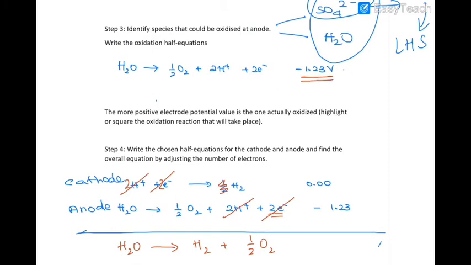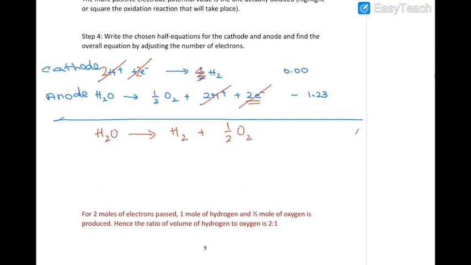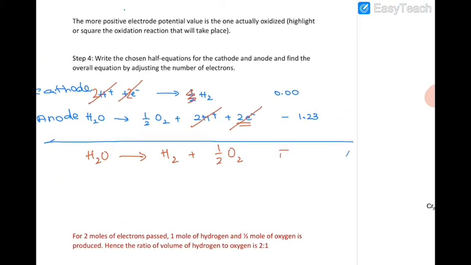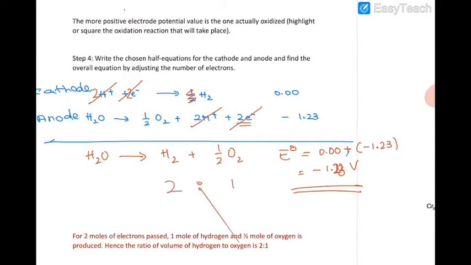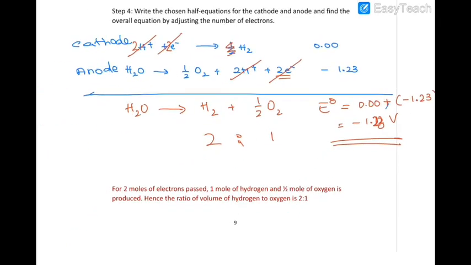For the anode, the electrode potential has been flipped, so the overall electrode potential is 0 plus minus 1.23, which gives minus 1.23 volts, the same as for electrolysis of water. Again, you have the mole ratio 1:2, oxygen to water.